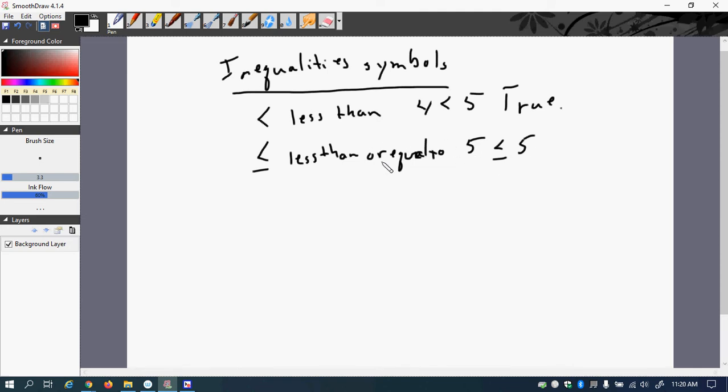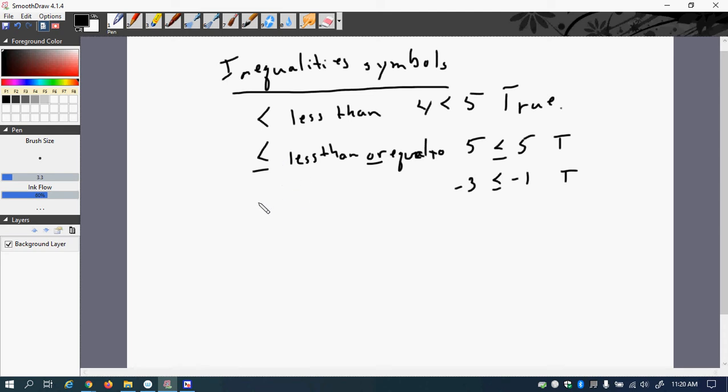Because remember, it's got the word or in it. So either one, we're looking for a true statement. We could also say negative 3 is less than negative 1, which is also true. So that's what less than or equal to is. And you have to know these symbols by heart as you're doing your work.